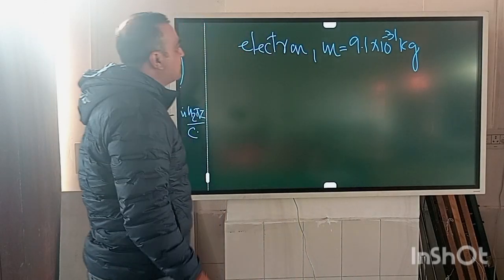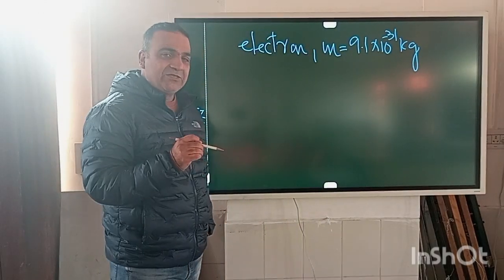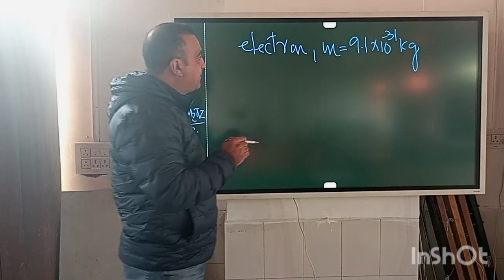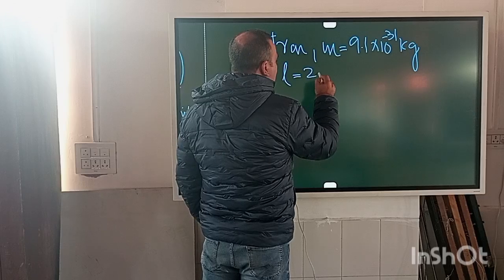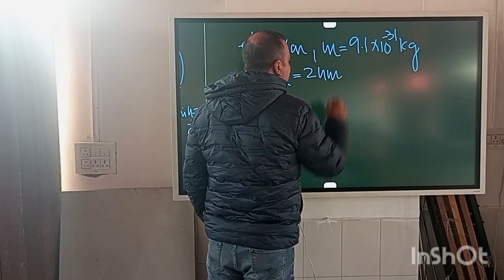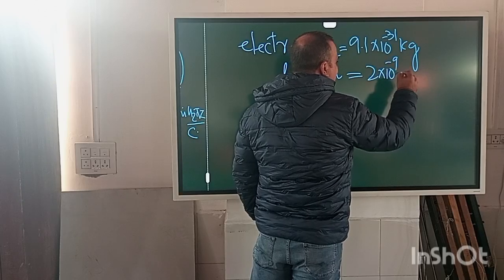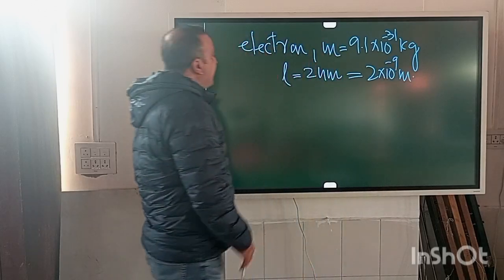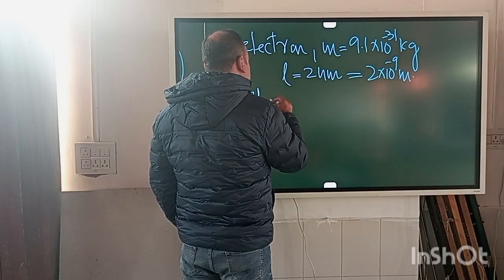And let me choose the length of this box, assuming that this box is a cubical box, as, say, 2 nanometers, and 2 nanometers means 2 times 10 to the power of minus 9 meters, and I would like to calculate the change in energy.